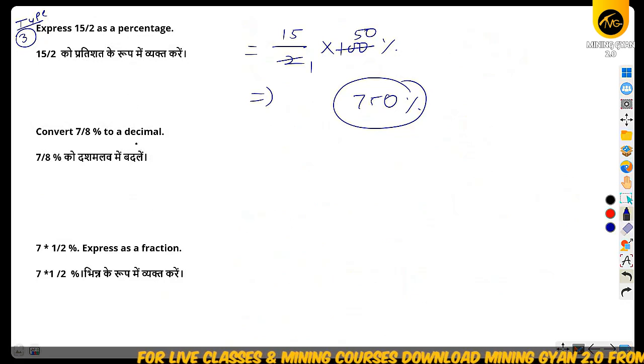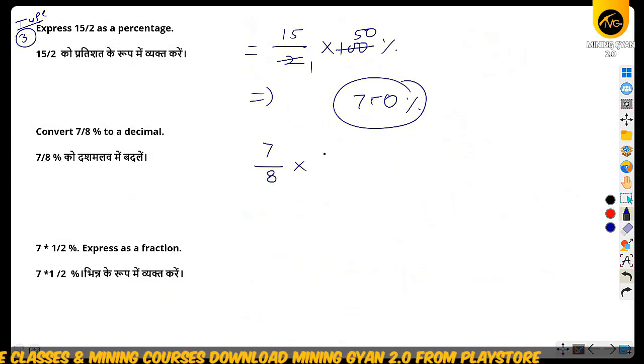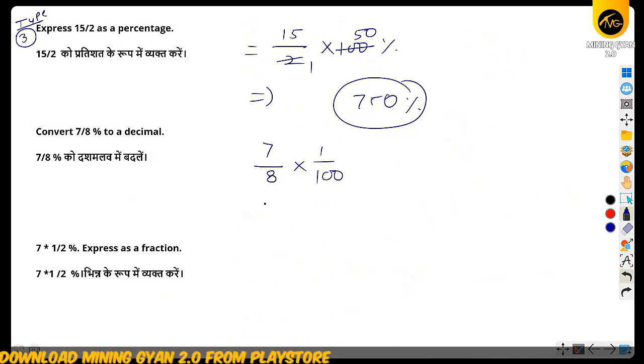Now in this case we have to convert the percentage into the decimal form. So just 7 divided by 8 and the whole divided by 100. That means you multiply by 1 divided by 100. 7 divided by 8 into 1 divided by 100, and that will be the decimal form of the number.